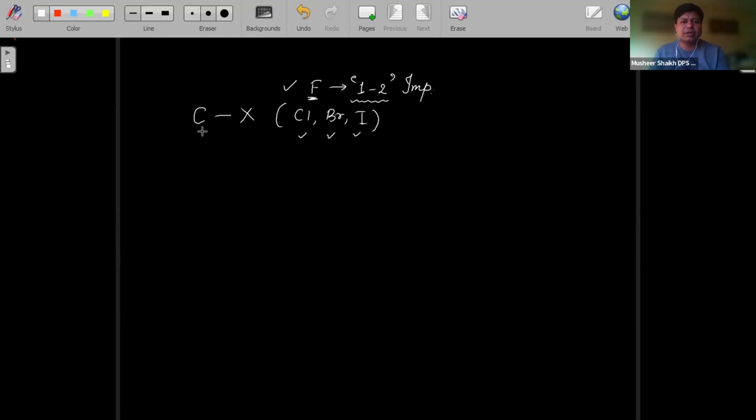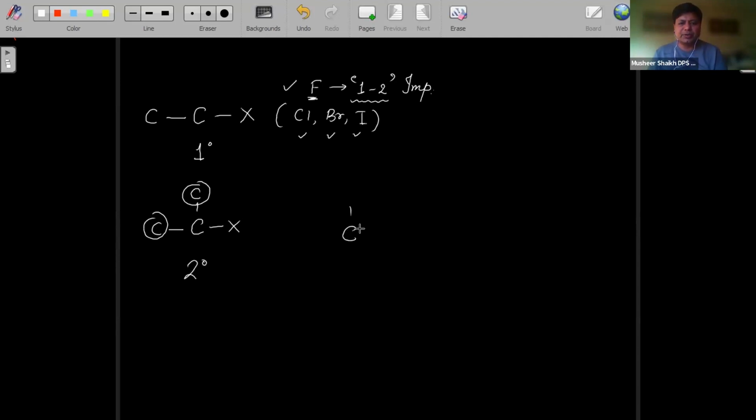Now, here, the halogen is connected with one carbon. The carbon is further connected with one carbon. This is a primary halide. If the halogen-substituted carbon is further connected with two carbons, like here, then we call it secondary.